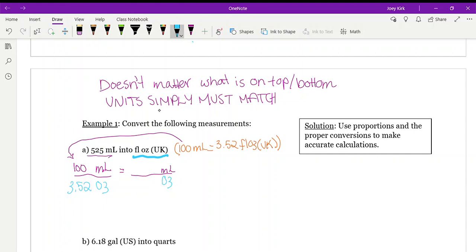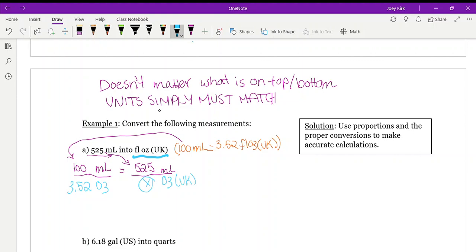And then over here, we're going to look at what we were given. What we were given, 525, has to match up, and I already matched my units, and that means that what we're looking for is X, right? We're looking for X. This is how many ounces, and I might even put in brackets down here UK, just to remind myself for my answer.